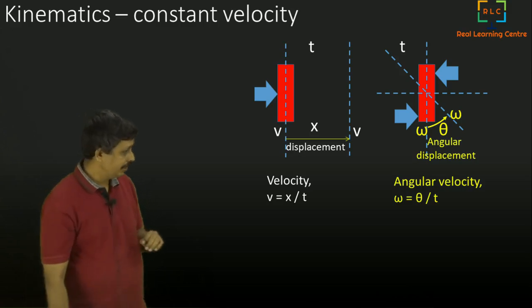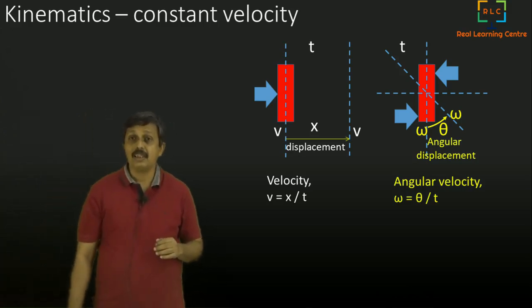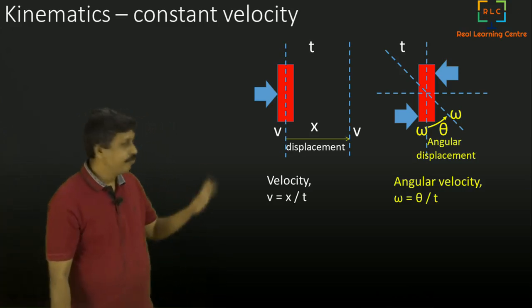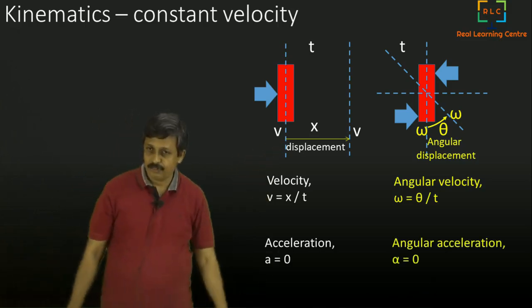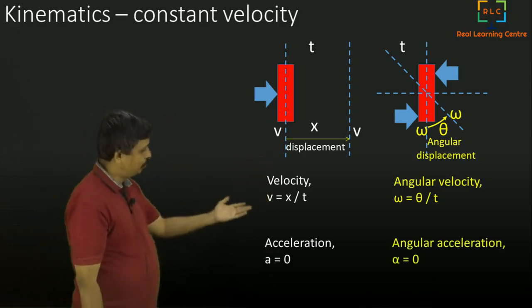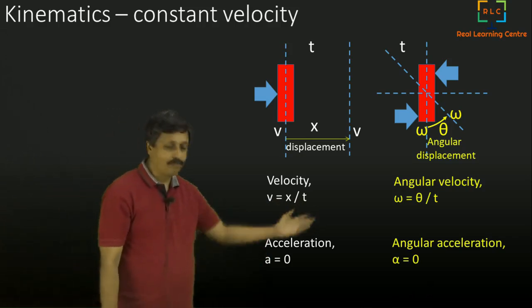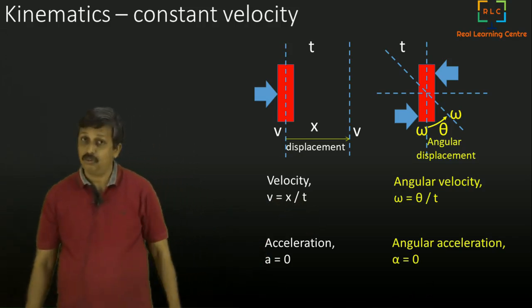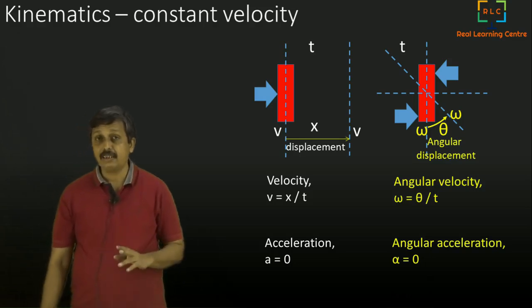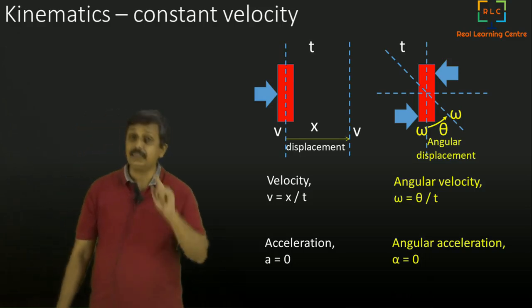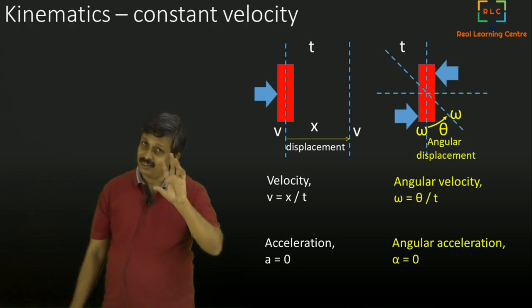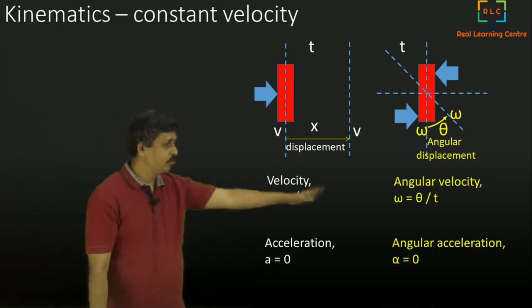After understanding this, now let's look at this scenario. Since initially also it is v, later also it is v, acceleration happens to be 0. Similarly, angular acceleration alpha happens to be 0. But if the angular acceleration or the acceleration is not 0, if velocity is changing, then we cannot use these two formulas.